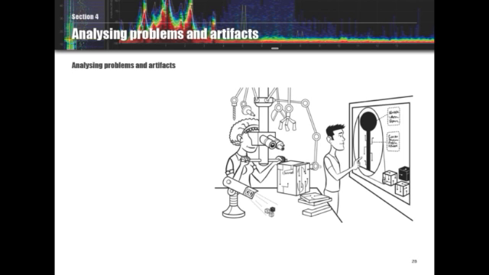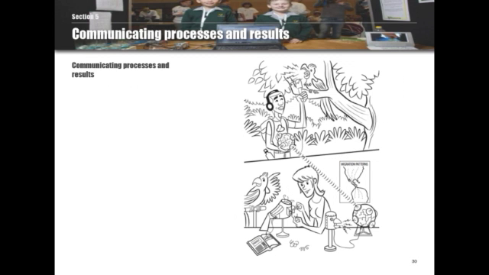Another one here is analyzing problems and artifacts. So trying to understand how various tools work and how problems are resulting by analyzing them and using decomposition and other approaches to break down those problems.